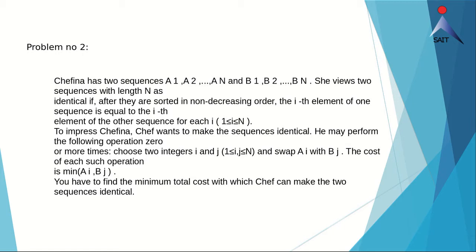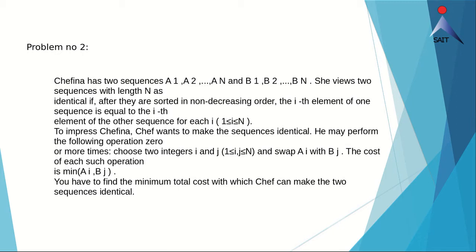To impress Shapina, Shape wants to make the sequences identical. He may perform the following operation 0 or more times: choose two integers i and j between 1 to n and swap ai with bj. The cost of each such operation is the minimum of ai and bj. You have to find the minimum total cost with which Shape can make the two sequences identical.